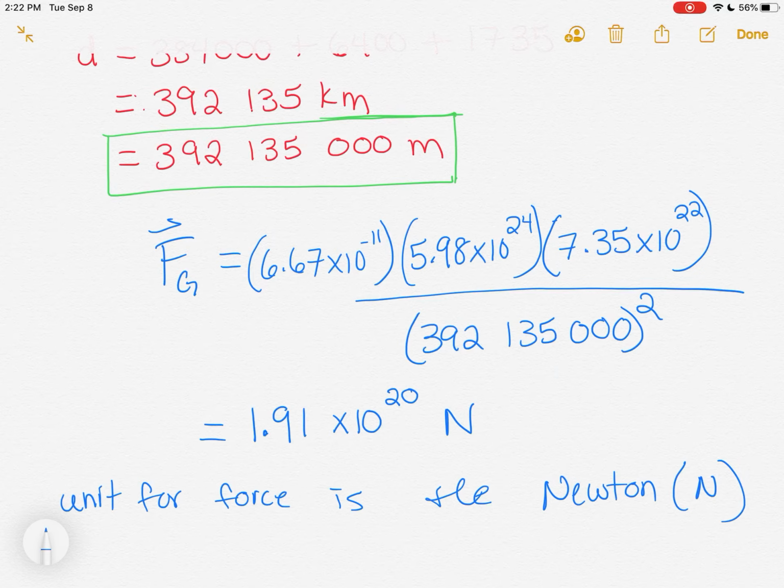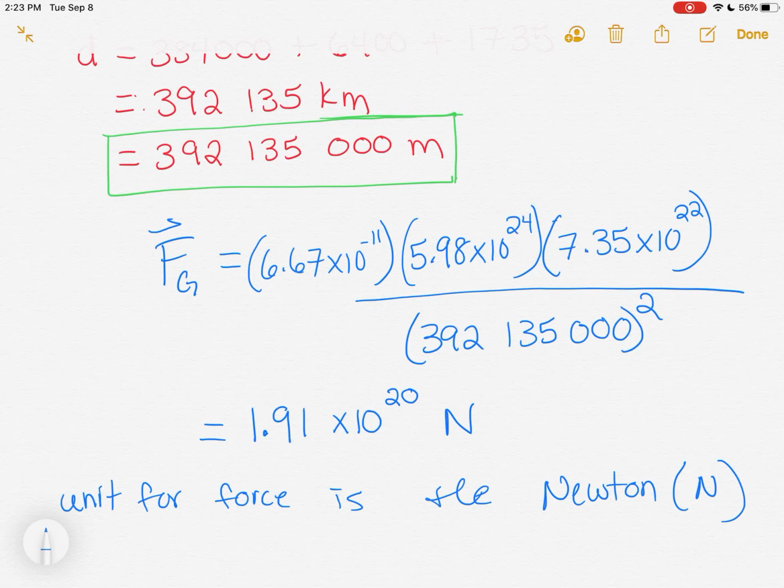I don't know how accurate that is in terms of historical accuracy, but that is supposed to be the story, and Newton did a lot of research into the force of gravity. All right, so those are our gravitational forces.